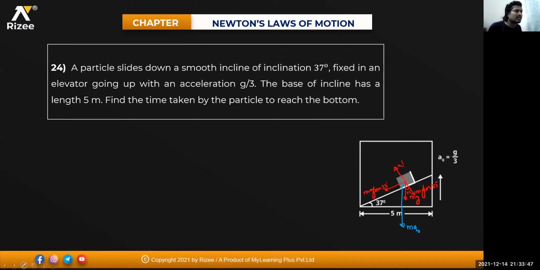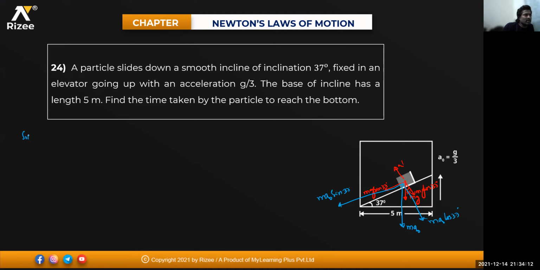For the pseudo force also, m a naught acts in this direction, so in this direction it is m a naught sin 37, and in this direction m a naught cos 37.